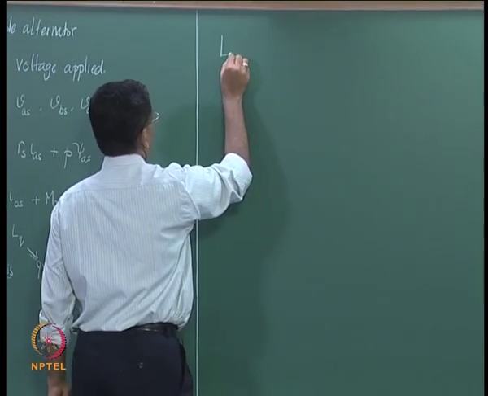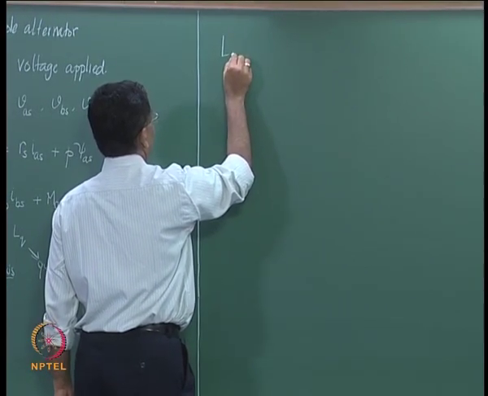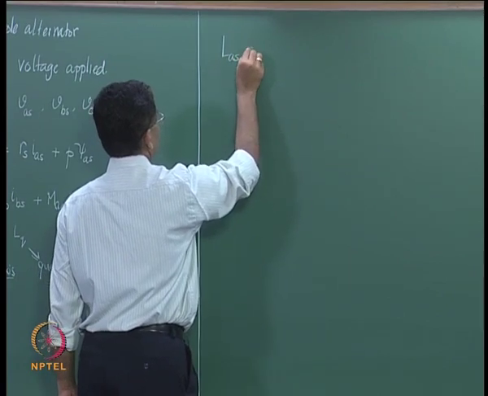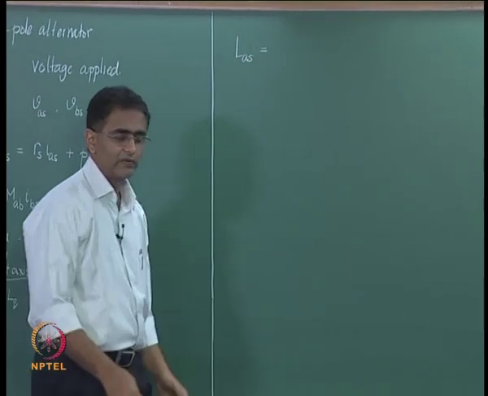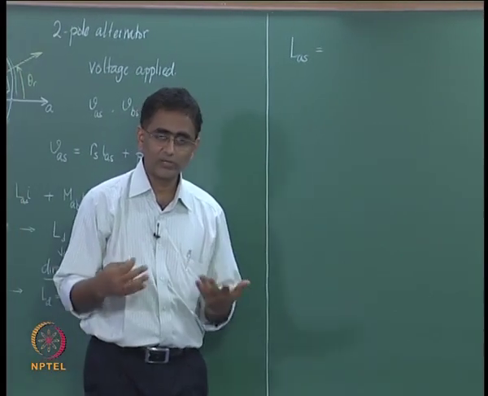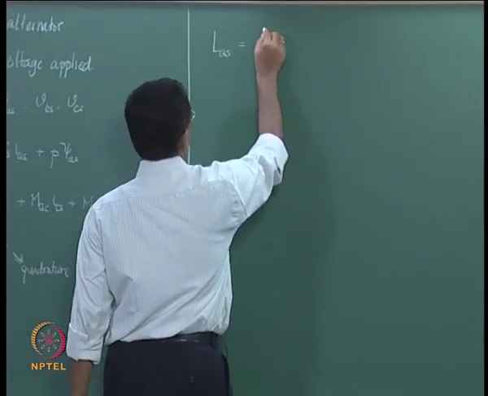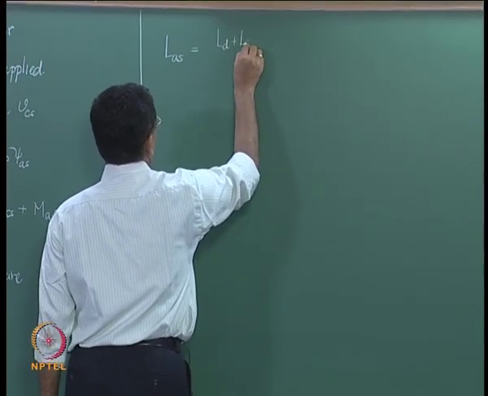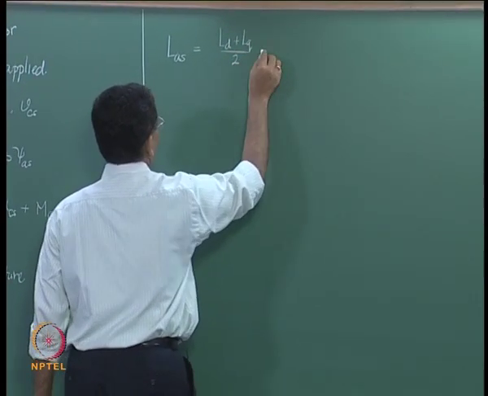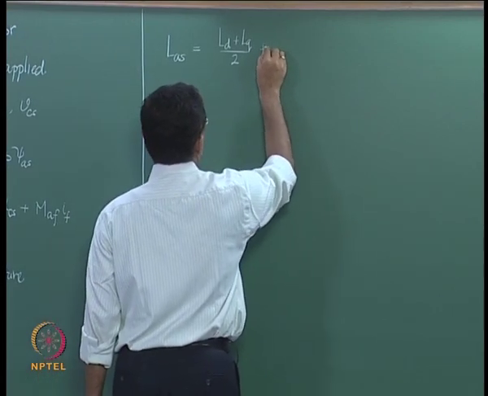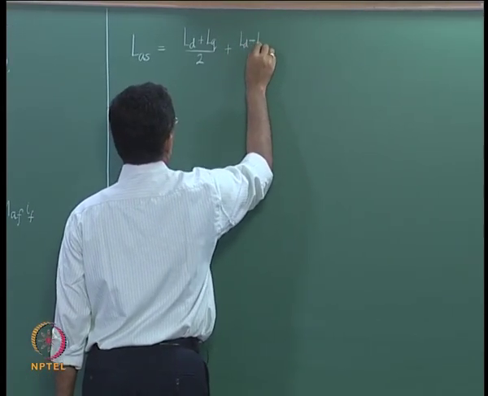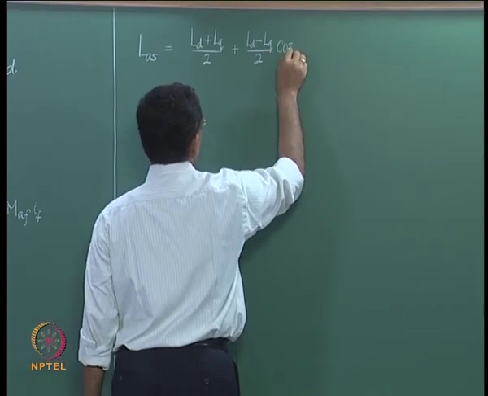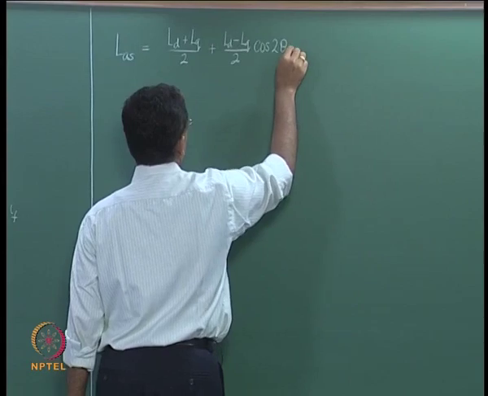So the self inductance LAS is then given from the expressions that we have derived earlier. We had LD plus LQ by 2 plus LD minus LQ by 2 into cos of 2 times theta r.